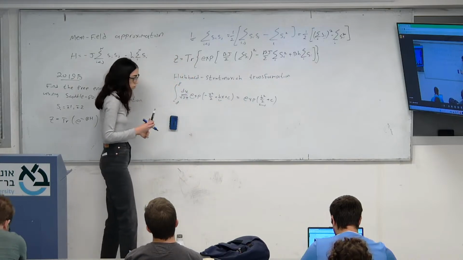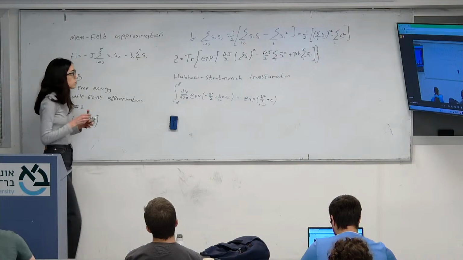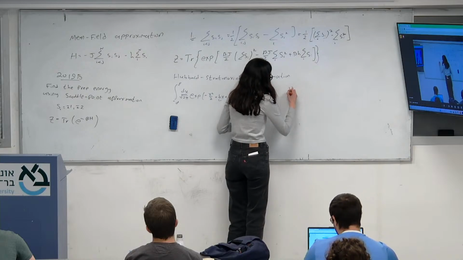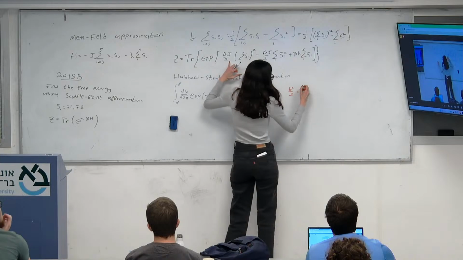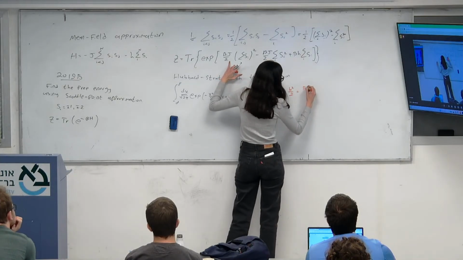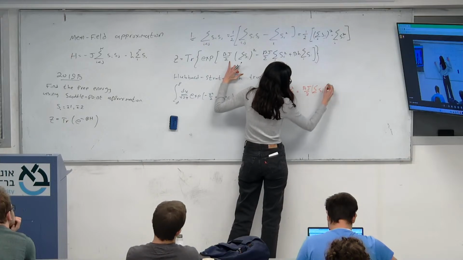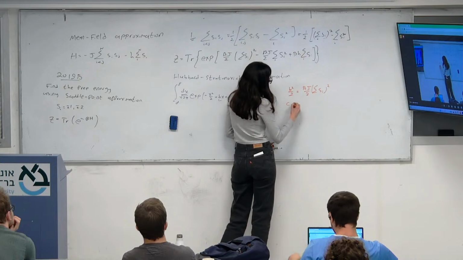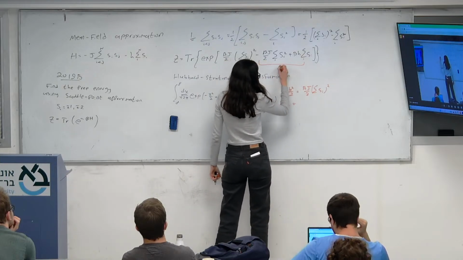So what I can do is define b squared over 2 as that. So this is beta J times the square of the sum of Si, and I take c to equal basically all of that. Let's call that c.